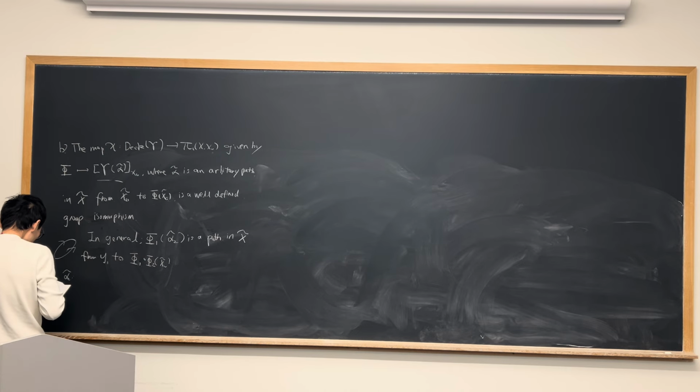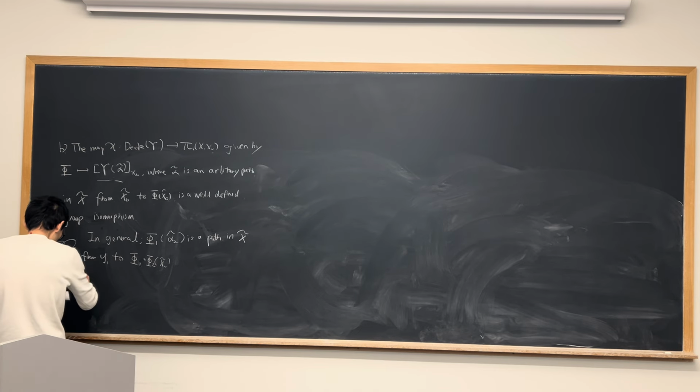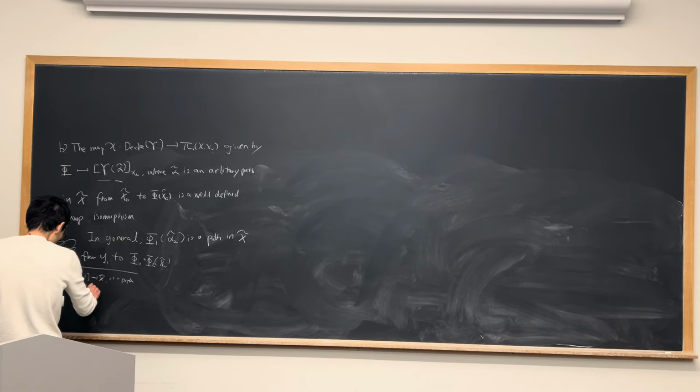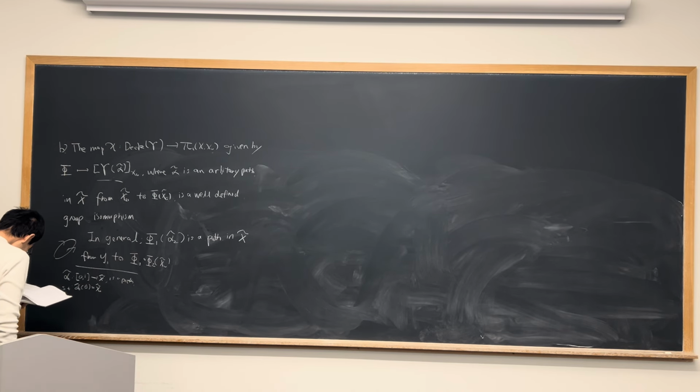By definition, it is from 0 to 1 into x tilde such that alpha 2 of 0 is equal to x naught tilde.